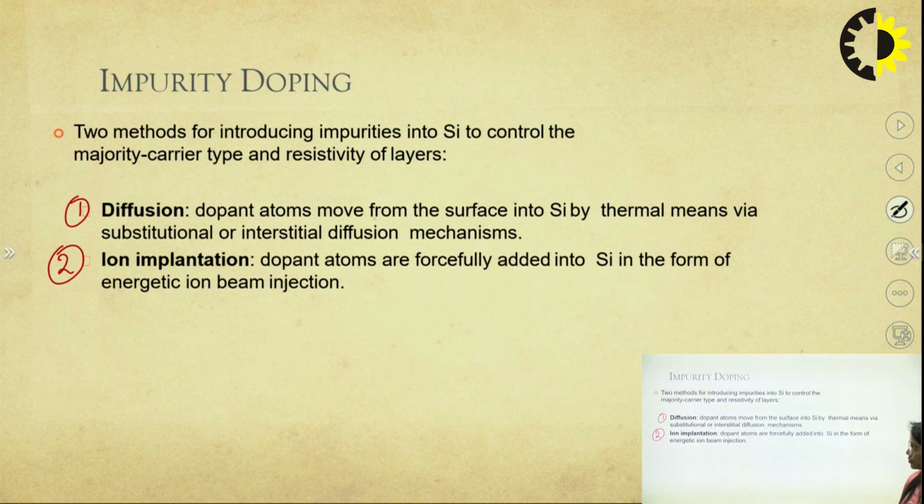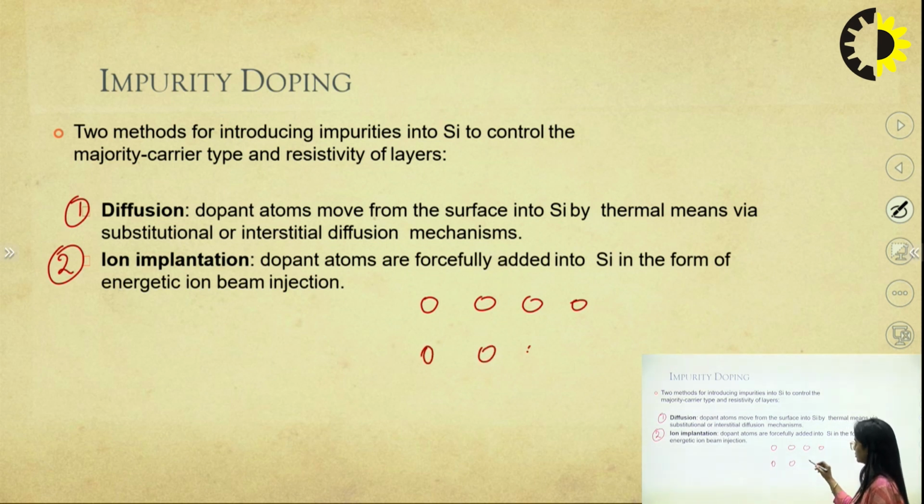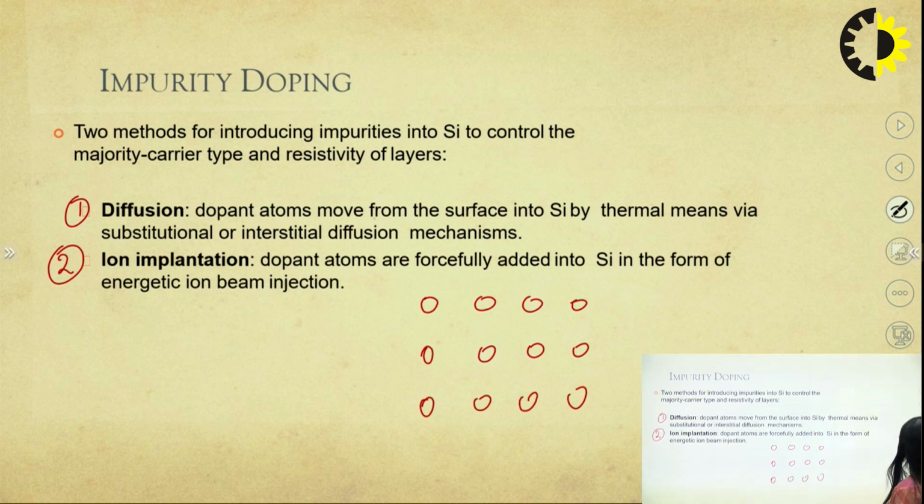Now what is the substitutional and interstitial diffusion mechanism? Let's say we have a parent lattice, and in this parent lattice I want to add some dopant. Let's say this is the foreign dopant molecule which I want to add.